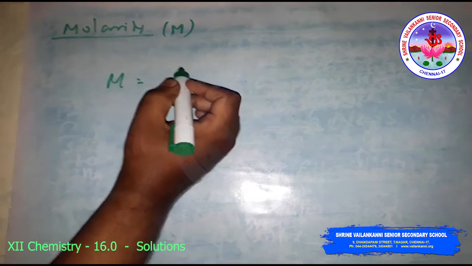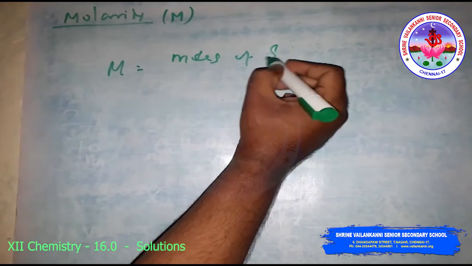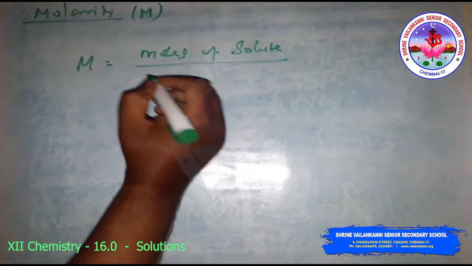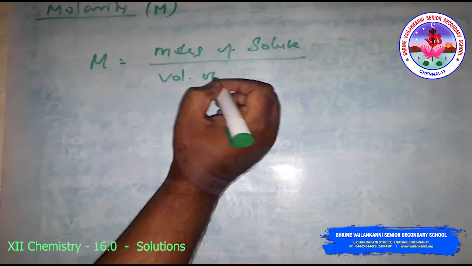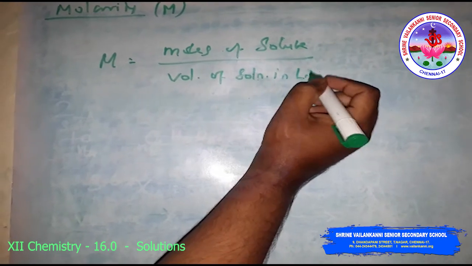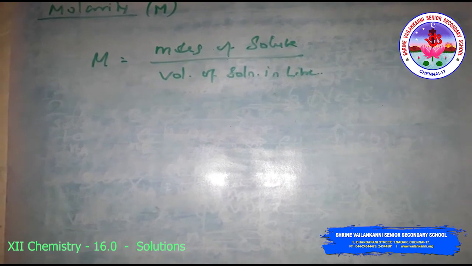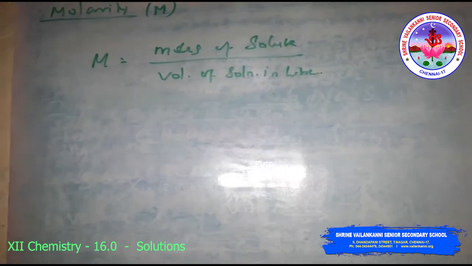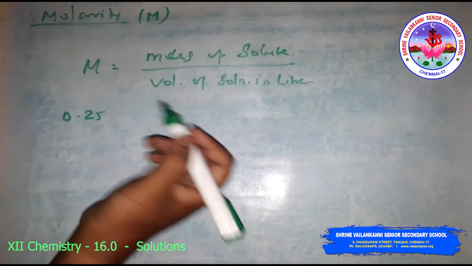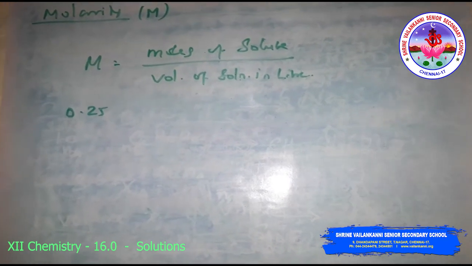Molarity is equal to moles of solute divided by volume of solution in liter. Example, 0.25 mole per liter of NaOH means that 0.25 mole of NaOH has been dissolved in 1 liter.